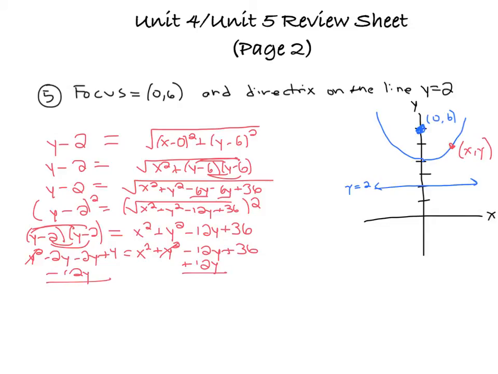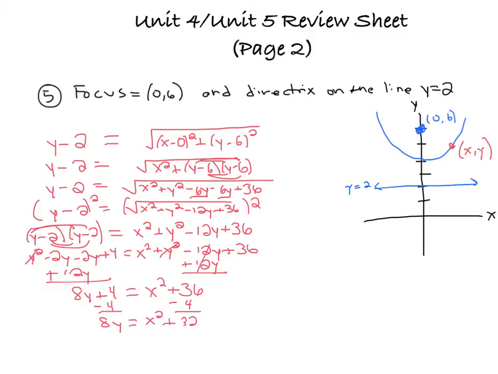Now when I combine negative 2y and positive 12y, let me change that, it gives me 8y, and I'll bring down this plus 4 equals x squared plus 36. We're still trying to get the y by itself, so I'm going to subtract 4 from both sides, which leaves me with 8y equals x squared plus 32.